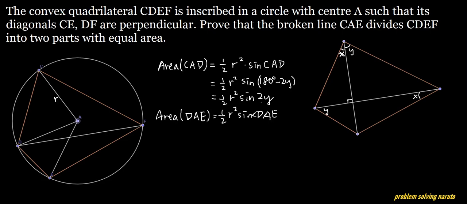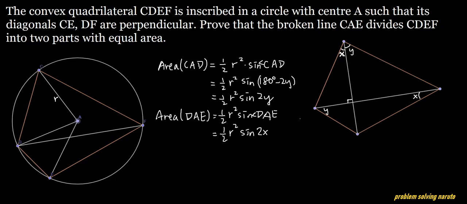DAE is twice DFE because this is the center. So that would be, again, this is x, so twice of that, so 2x.